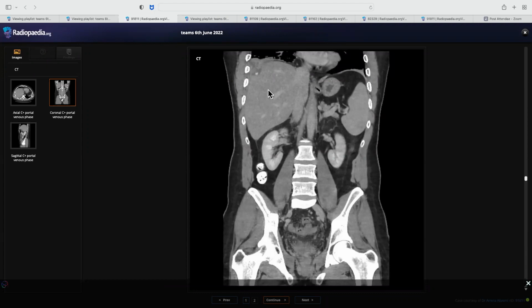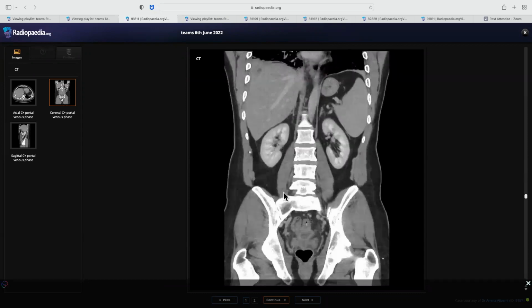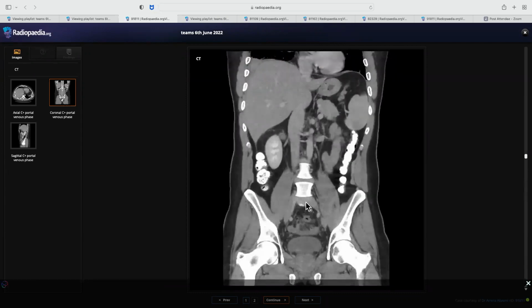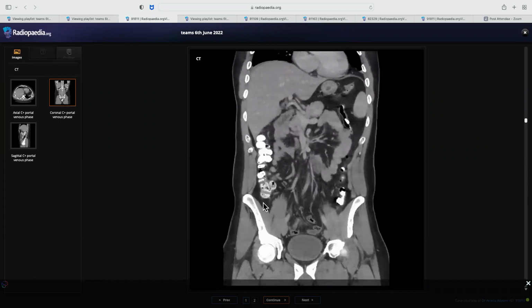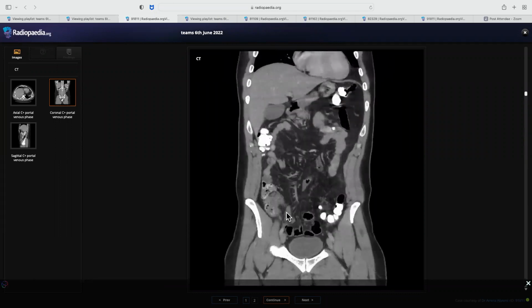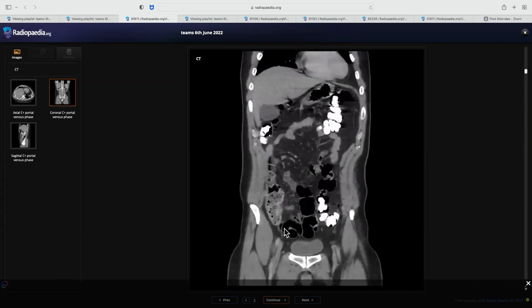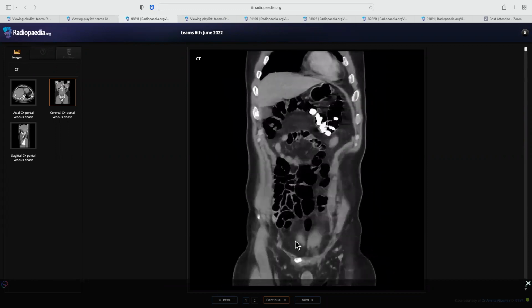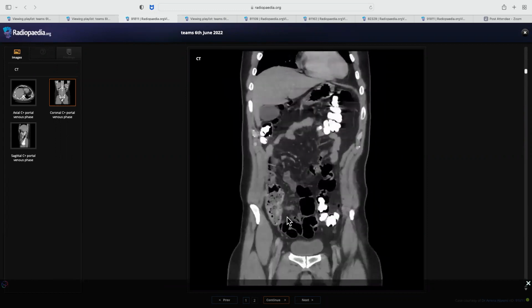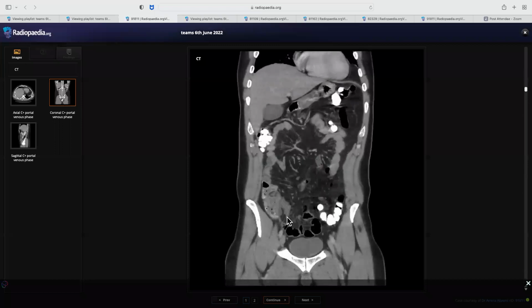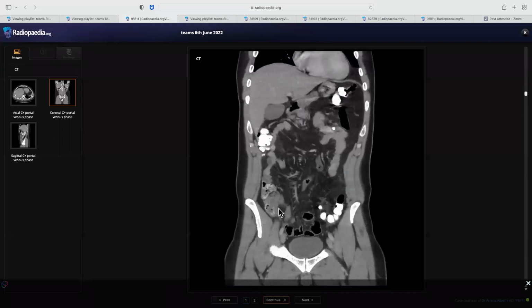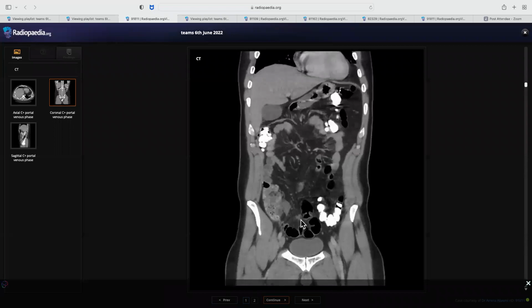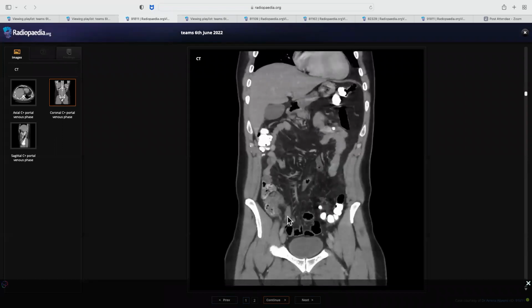If you can see there, there is some evidence of surgery in the right lower abdomen. I can tell you this patient had a history of appendicectomy 25 days back. So there is a small area which points towards previous surgery. There's a small connection here.